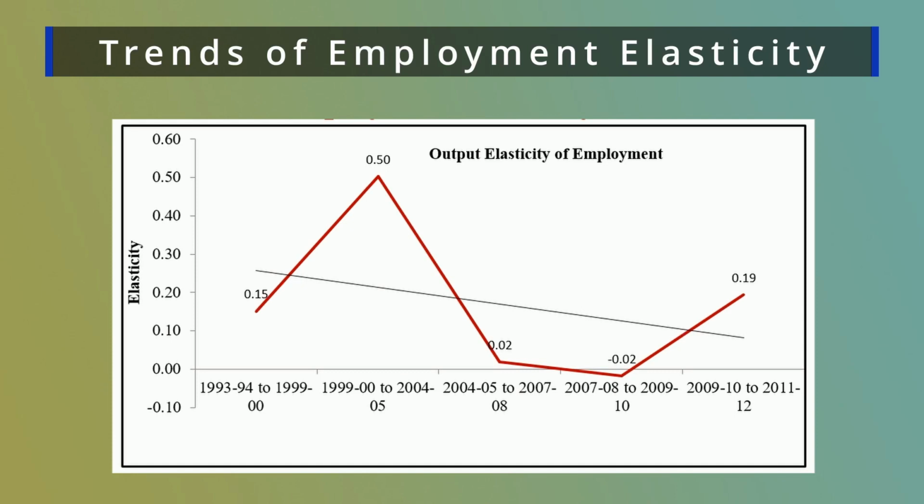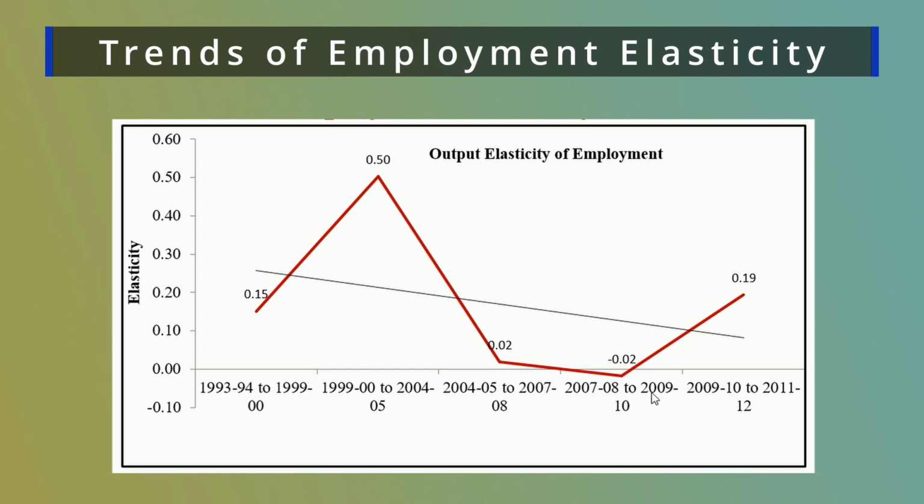And in the next period, the output elasticity of employment also revived to 0.19. That is, during the entire period, the nature of the growth of Indian economy was jobless in nature, because the value lies between 0 and 1.